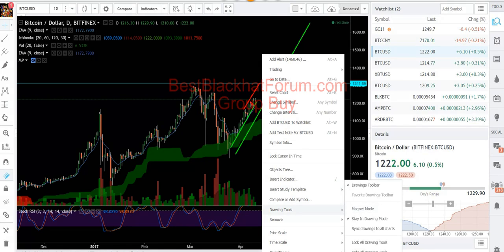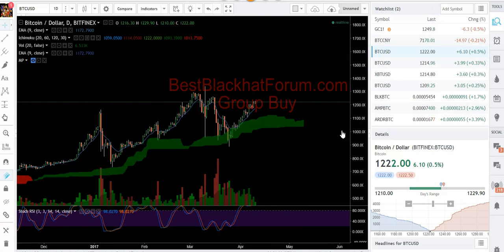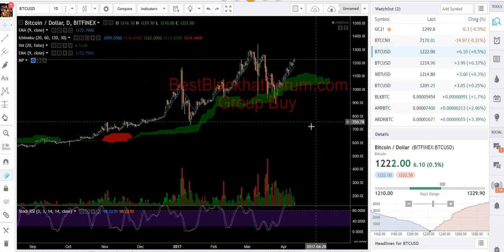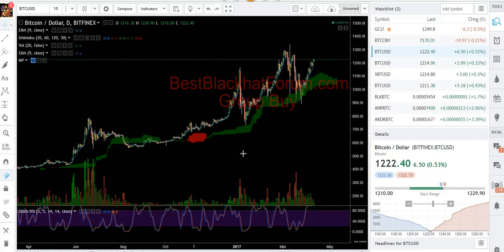It'll tell us just with a simple glance where the price is. Basically, to keep it as simple as possible, when the price is above the clouds, you're in a bullish trend. When the price is below the clouds, you're starting to go into a bearish trend.